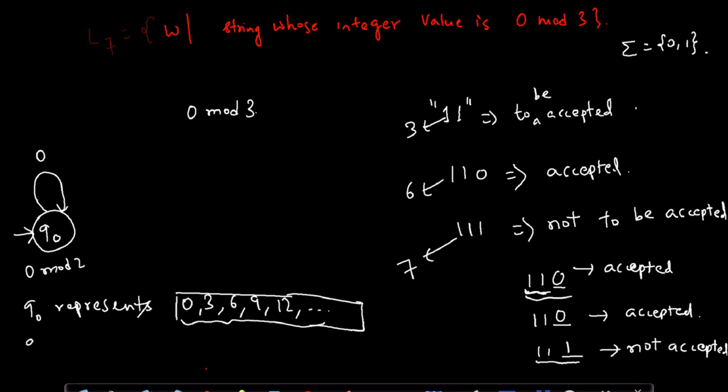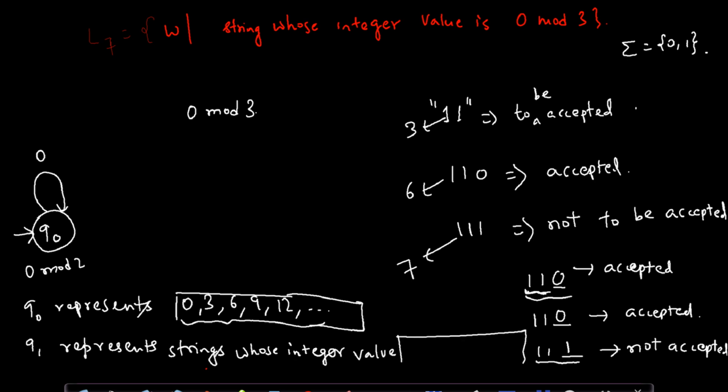Q1 represents strings whose integer value will be around 1 or 4 or 7 or 10 in this group. So Q0 represents these strings, Q1 represents these strings.